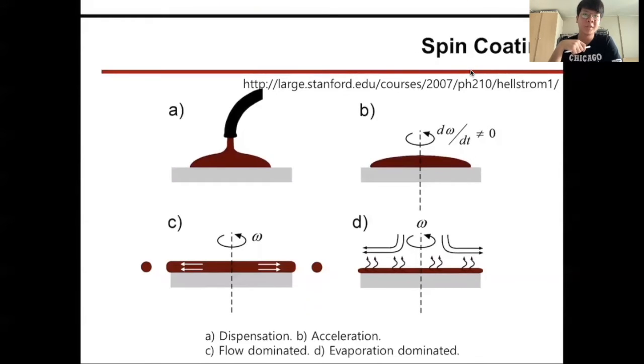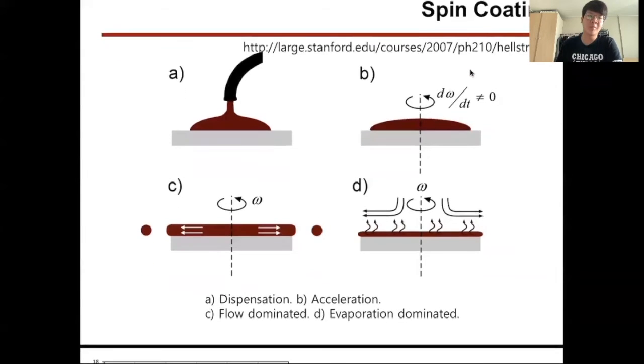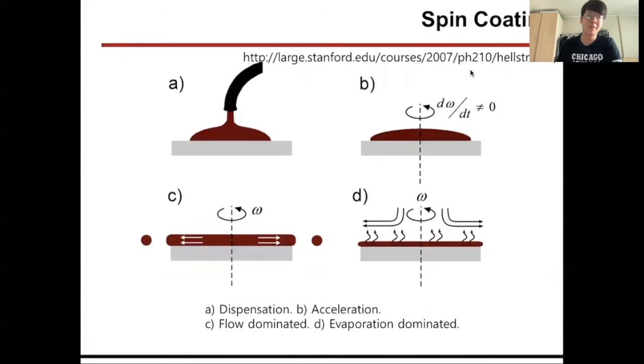First of all, there is the spin coating method. The spin coating method can be defined as four procedures.